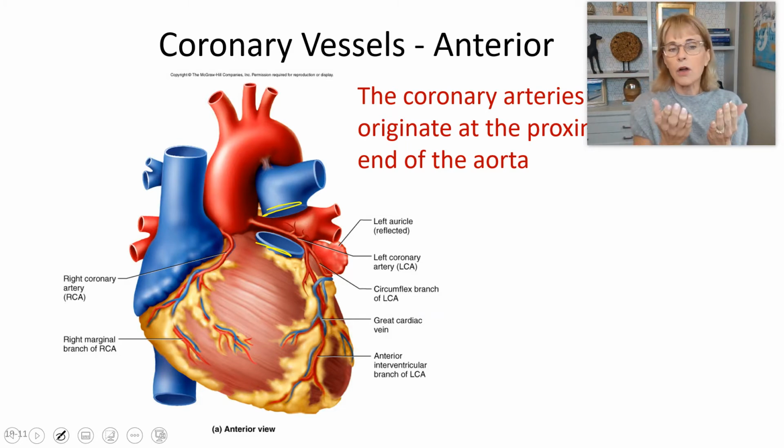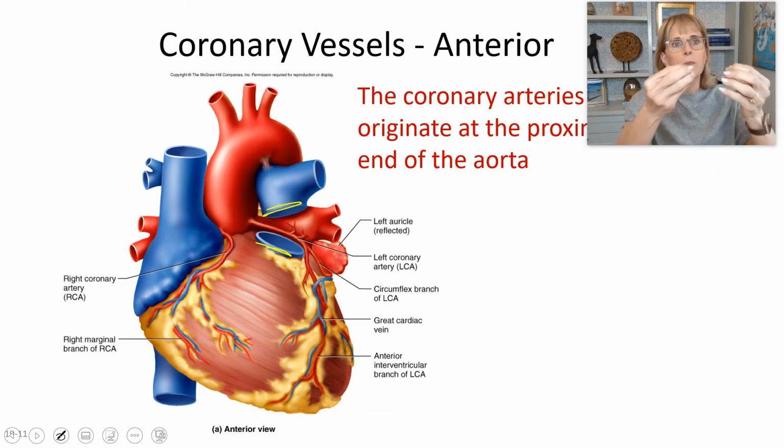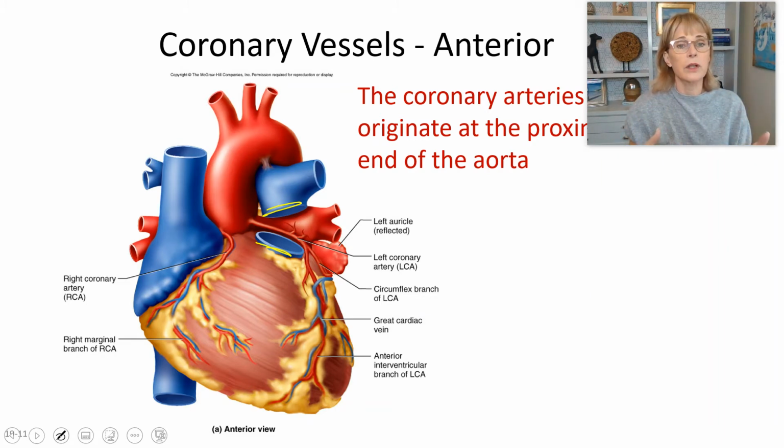But if there are not coronary arteries bringing blood to the muscle of the heart, all of the oxygen in there will not keep the heart alive. You need your coronary arteries to be working to deliver oxygen to the heart. So there are two main coronary arteries that are delivering oxygen to the myocardium, to the heart muscle.